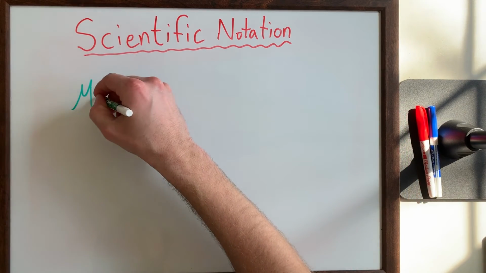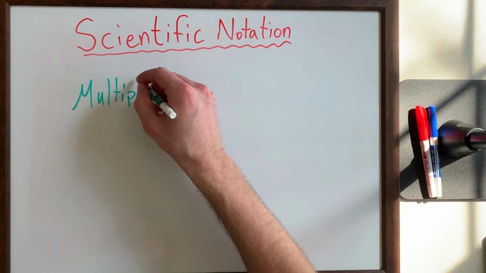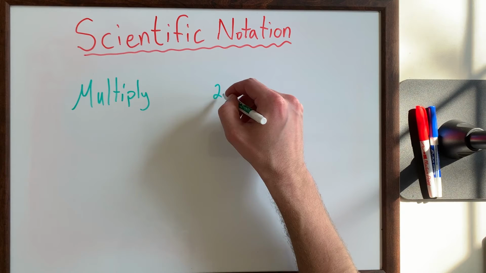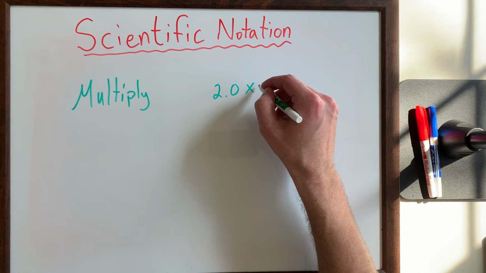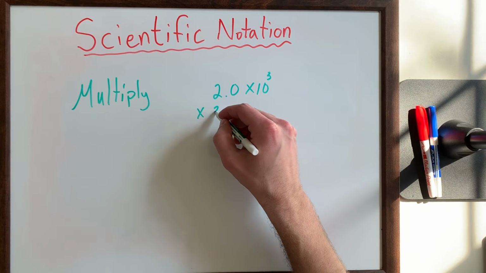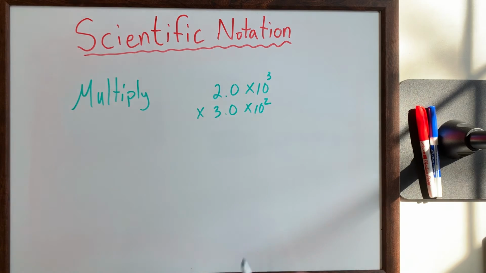All right, to multiply scientific notation numbers, what we're going to do is something a little bit different. Let's do a simple example here. 2.0 times 10 to the third, and let's do times 3.0 times 10 to the second, okay?